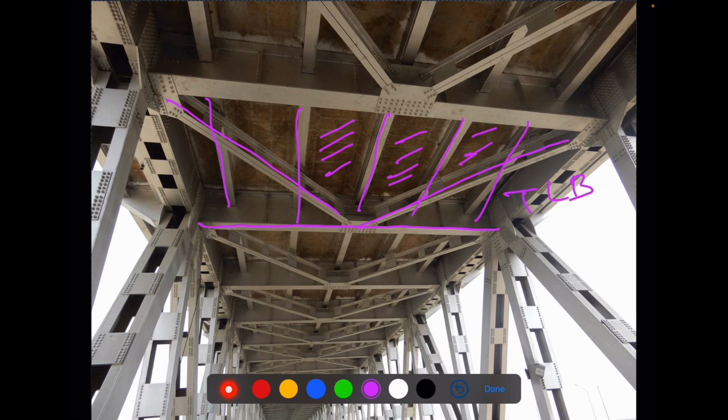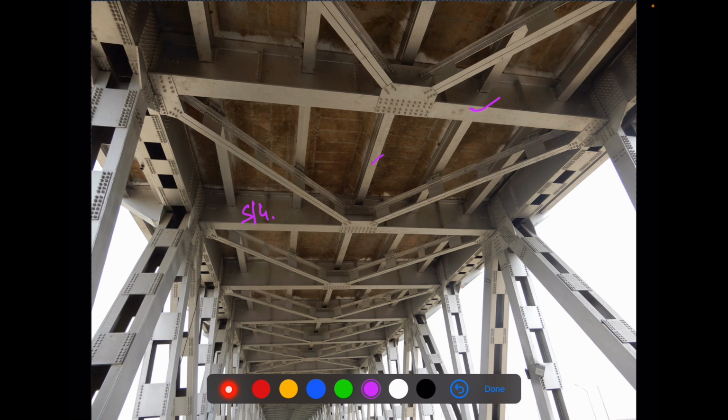As we have seen in the composite steel plate girder, all these components, like this sway girder and these others, would have been provided with shear studs at the top flange, and at the time of casting of concrete, those must have gone inside the concrete.